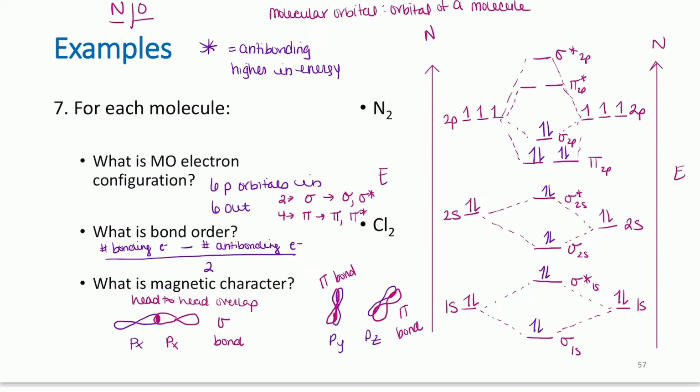You can continue to ignore that, or you can calculate that in. I don't really care, but I'm going to ignore it. I'm going to just look at the orbital that's not completely filled. I see that I have 2, 4, 6 bonding electrons, and I don't have any antibonding. So 6 divided by 2 is 3. My bond order is 3.